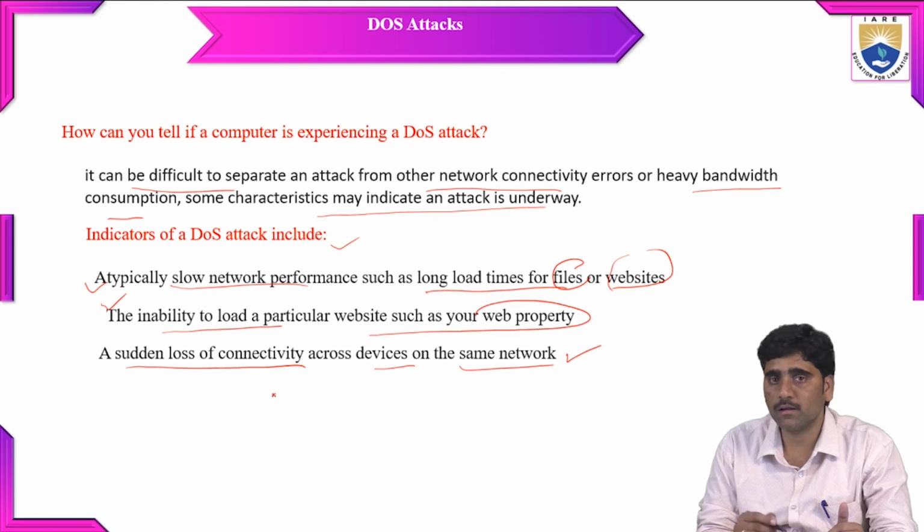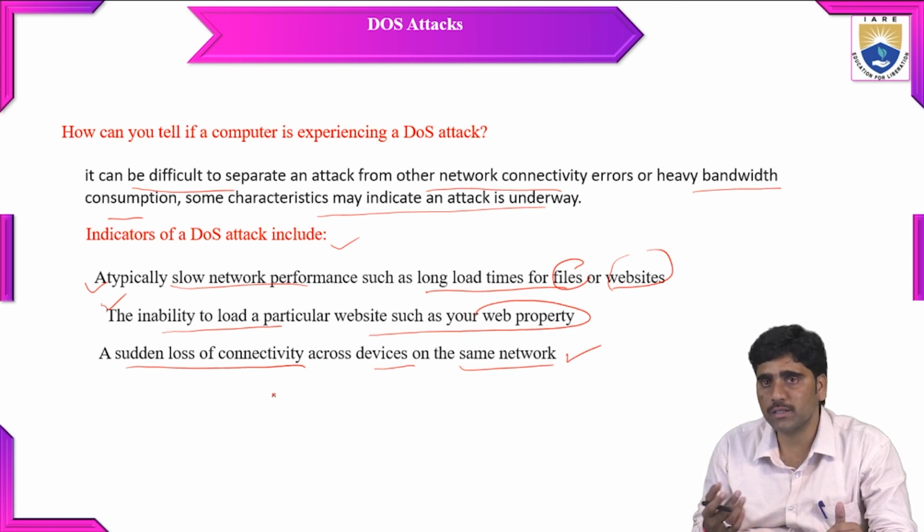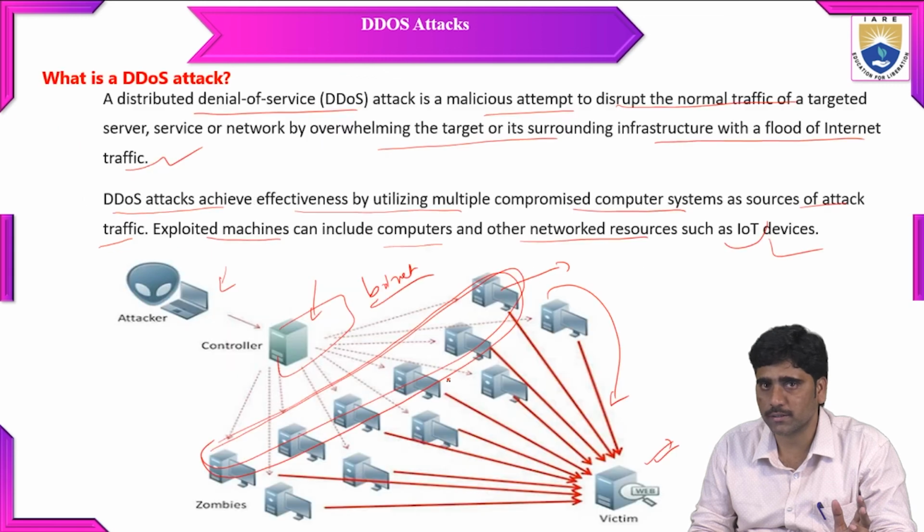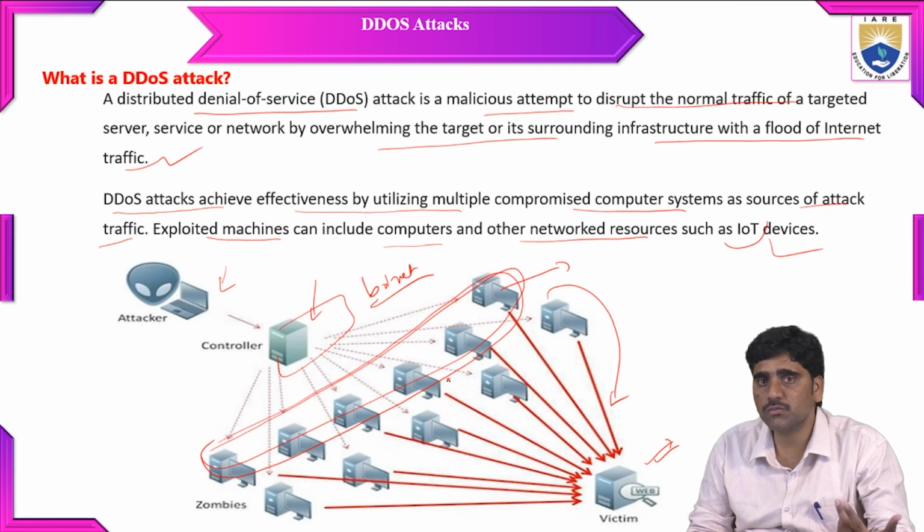Network performance is very slow, files and websites load very slowly, particular websites or web properties cannot be loaded, and a sudden loss of connectivity across devices on the same network will tell you that the system is experiencing a DoS attack.